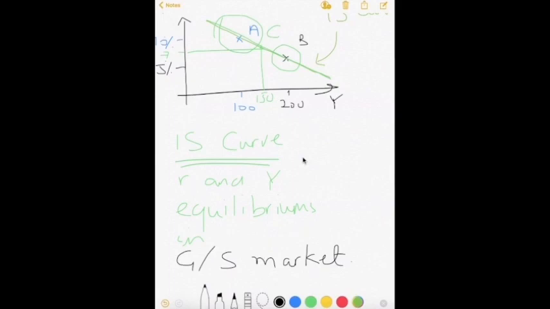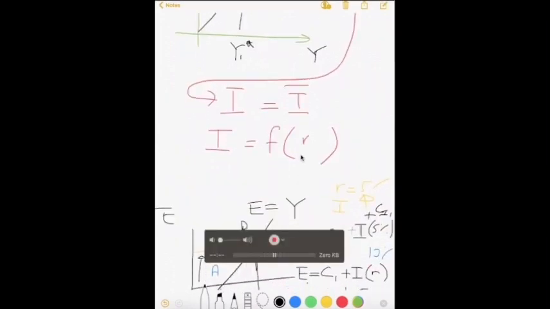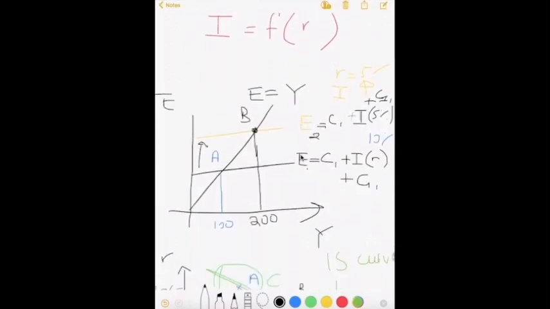So just to recap what we've done, we started off with the Keynesian cross. To come up with the investment and saving curve, we need to endogenize investment. We endogenized investment by saying that investment was now a function of interest rates, and that we took into the Keynesian cross.